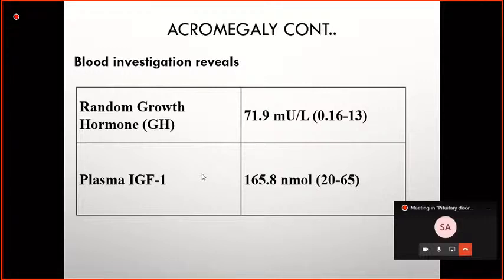Growth hormone is also influenced by many other factors, for example stress, so that can influence your growth hormone. Whereas IGF-1 is quite stable, so it is a more reliable test to indicate your growth hormone level.